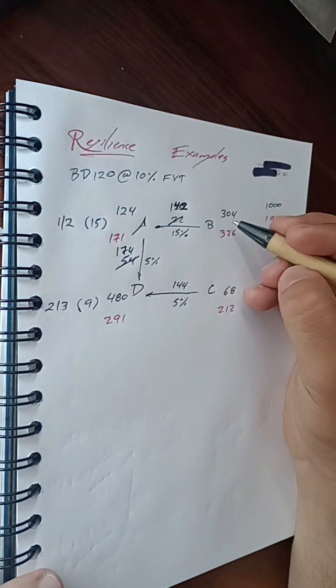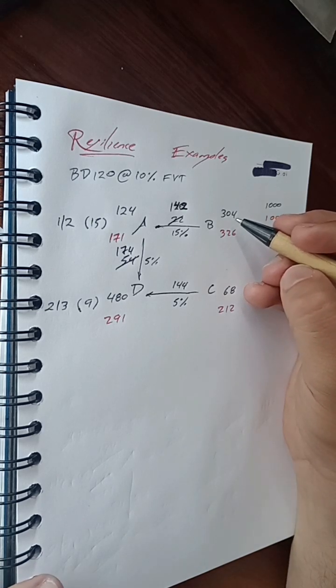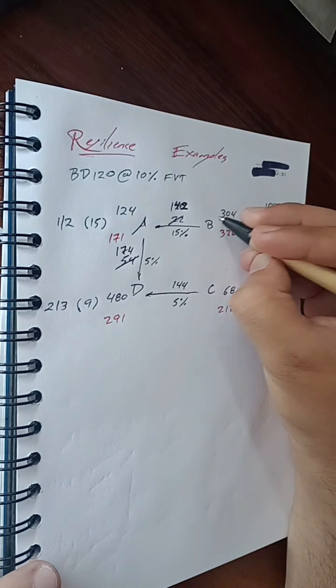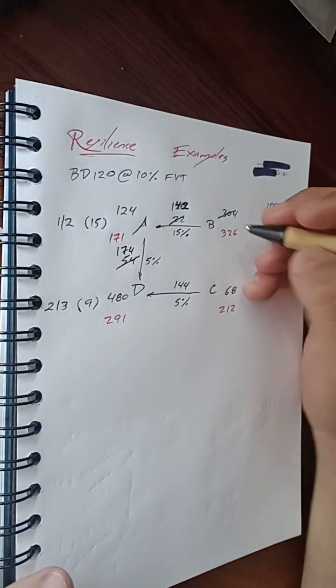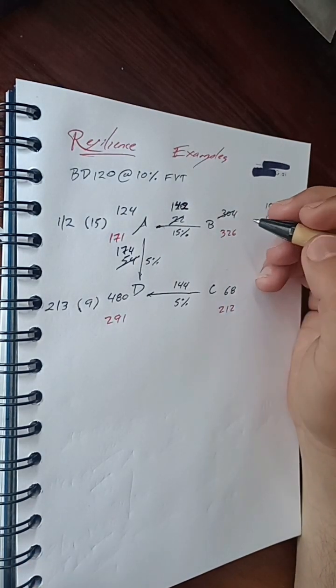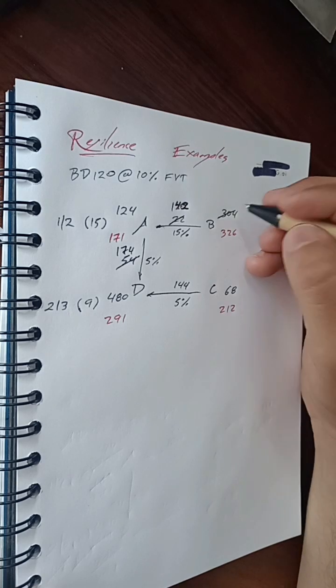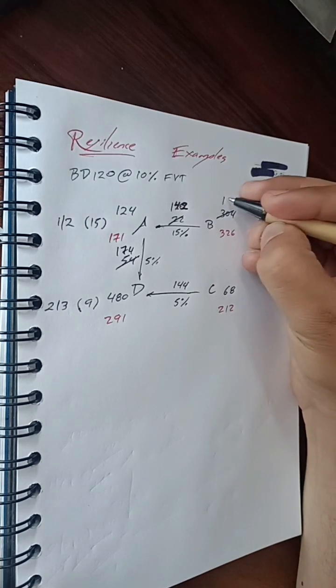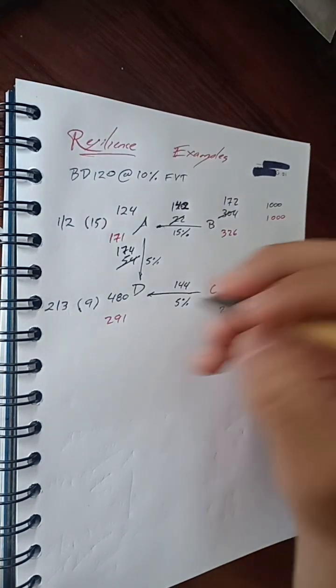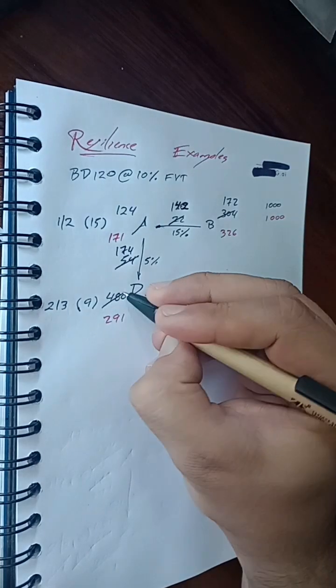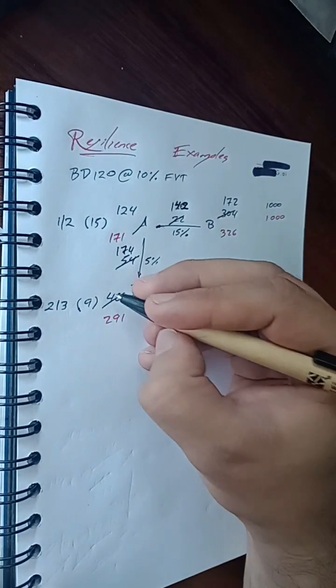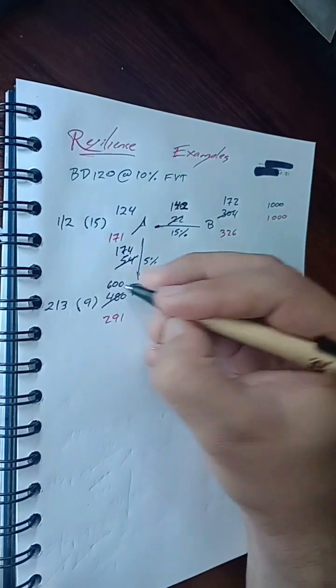B would be deducted 132, because it's 120 plus the additional, which is 12. So we would get 172, and D would get the 120, which means 600.